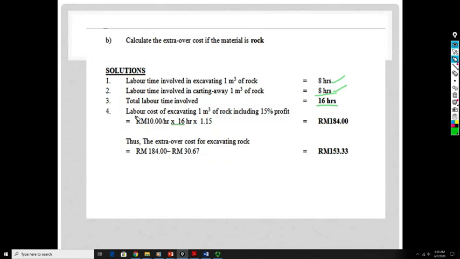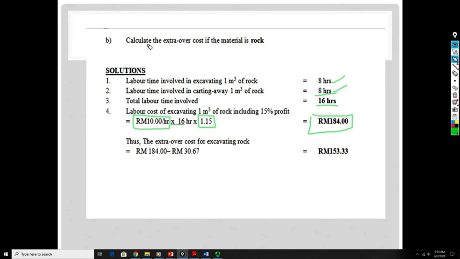And then based on previous calculation just now, the rate for unskilled worker for 1 hour will be 10 ringgit per hour. Multiply with 16 hours here and multiply with the profit that you want, 50%, it will be 184 ringgit for material rock.